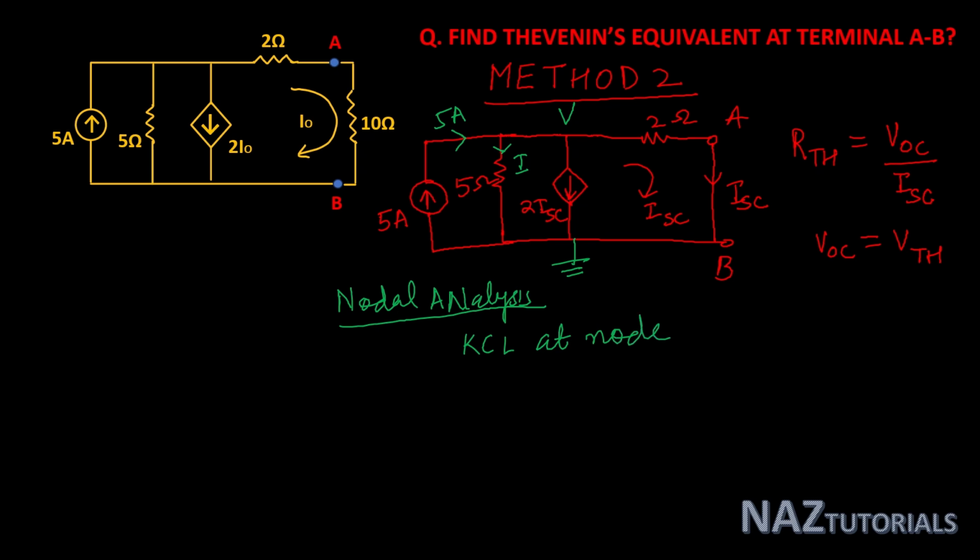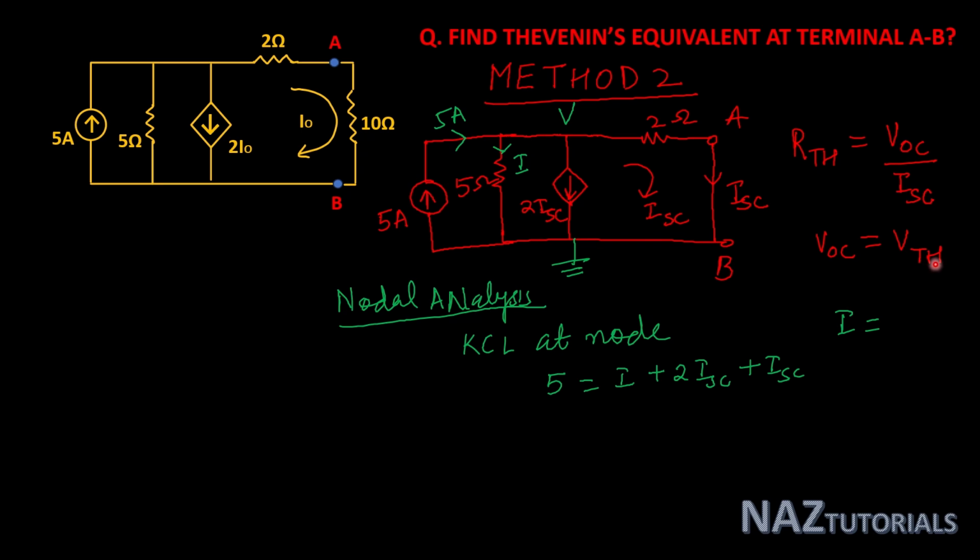So in this KCL, 5 is the incoming current and all the other currents are outgoing, that is I plus 2ISC plus ISC. So here you can calculate I. That I, you are seeing, is V minus 0 divided by 5 ohm.